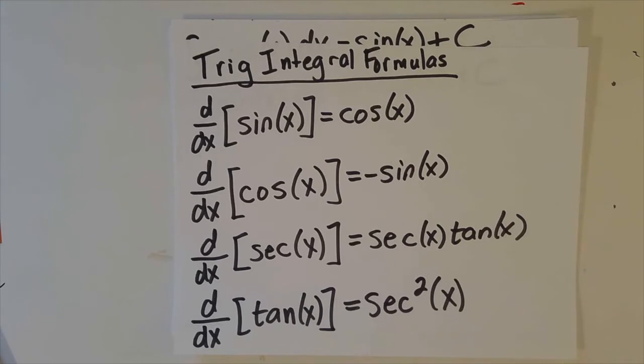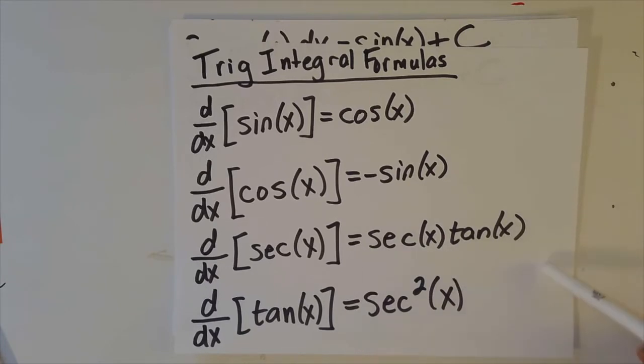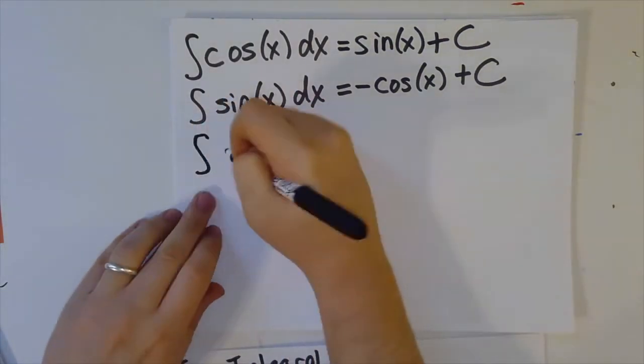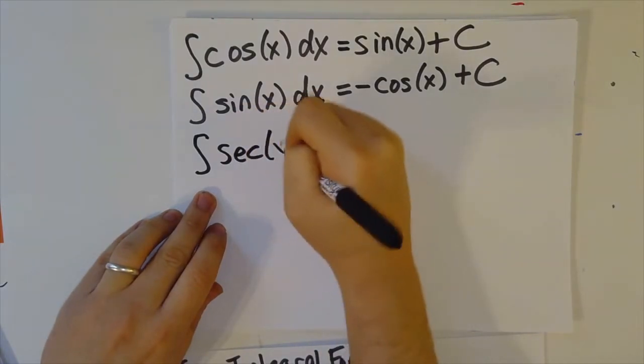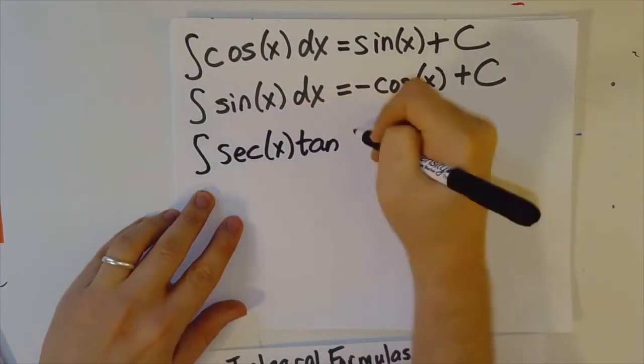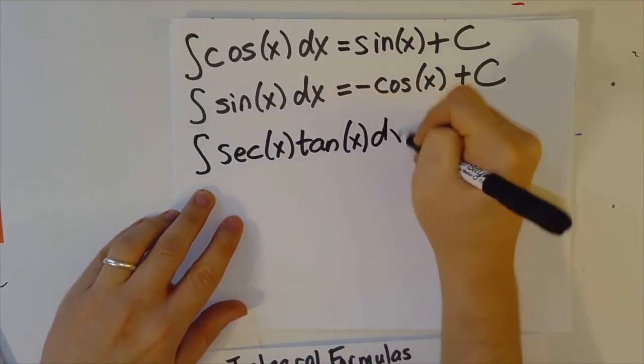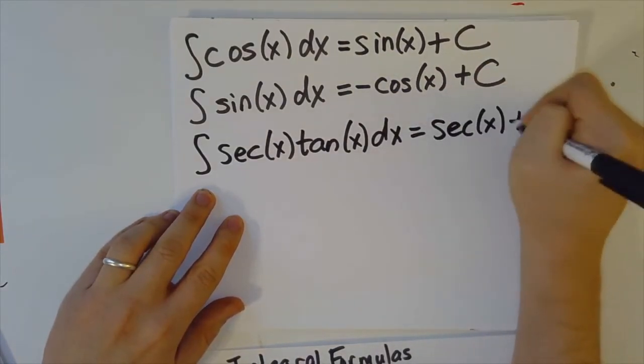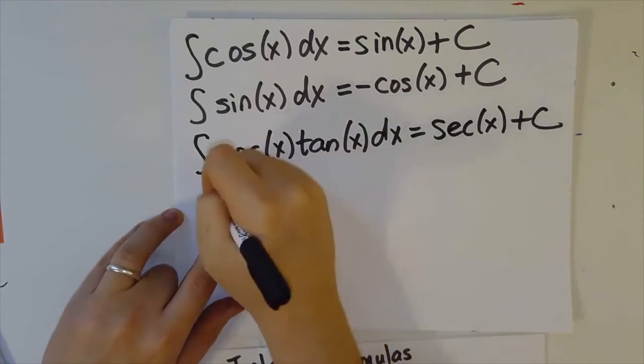But for now, what we actually know is the integral of secant of x tangent of x, and we know the integral of secant squared. So I'm going to record those here just for posterity's sake. And just, again, to emphasize that this is the same formula that we already have, just written backwards.